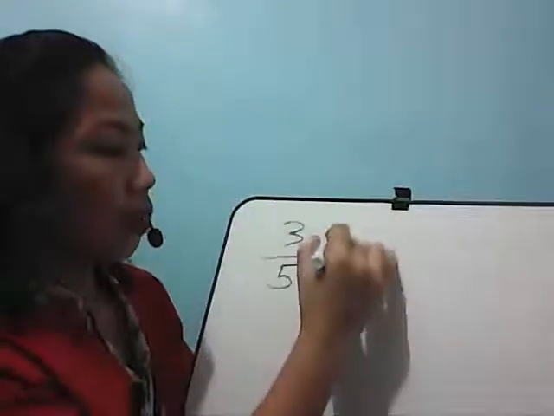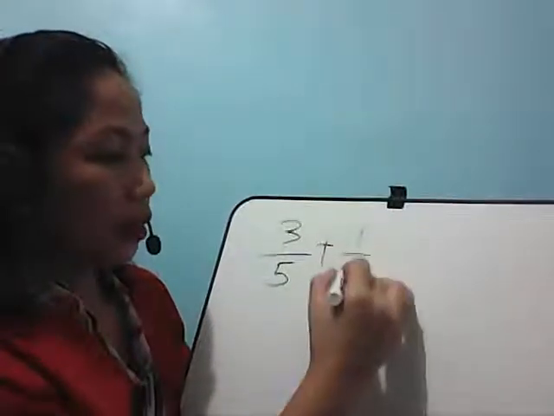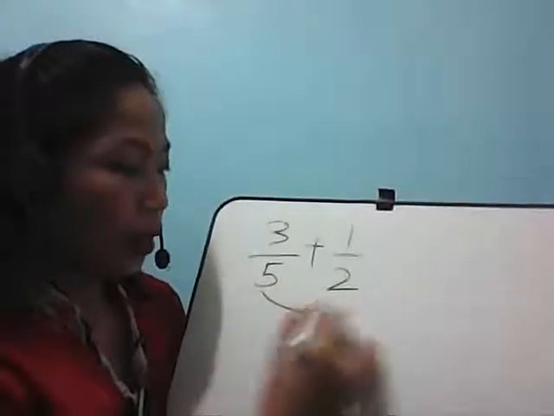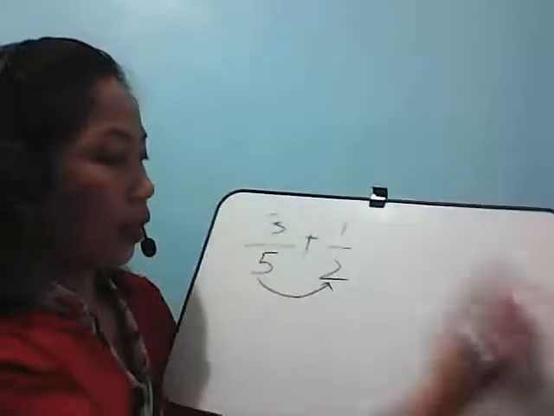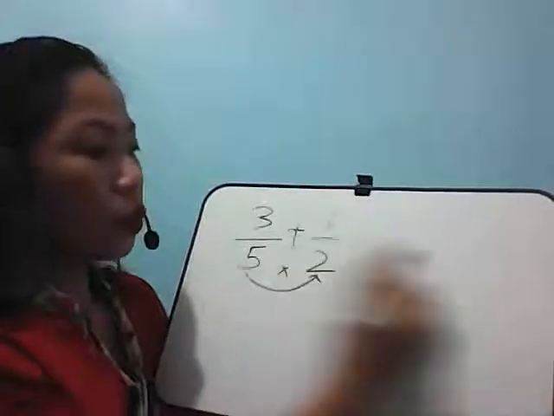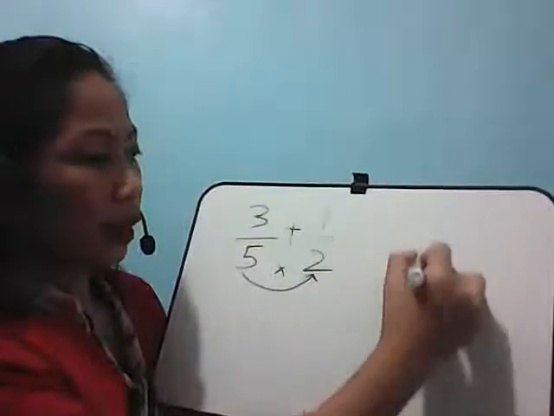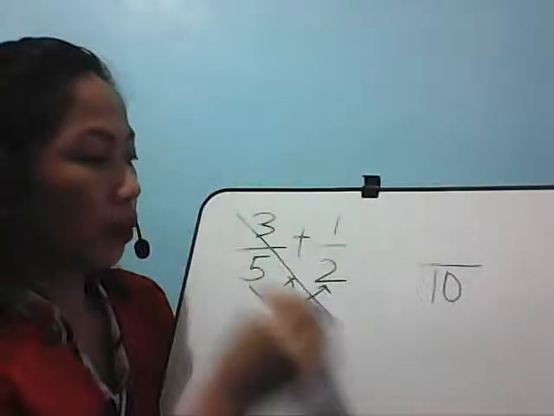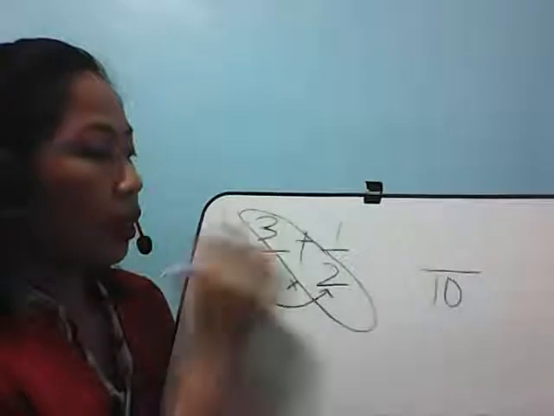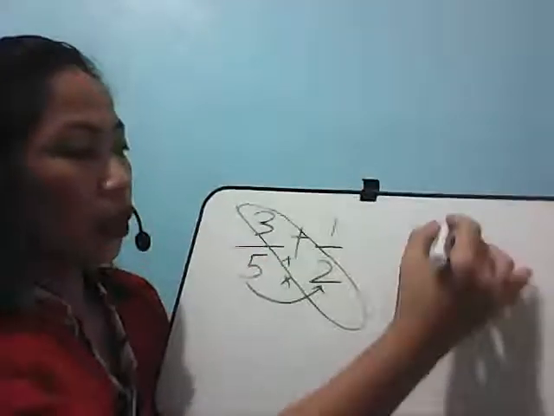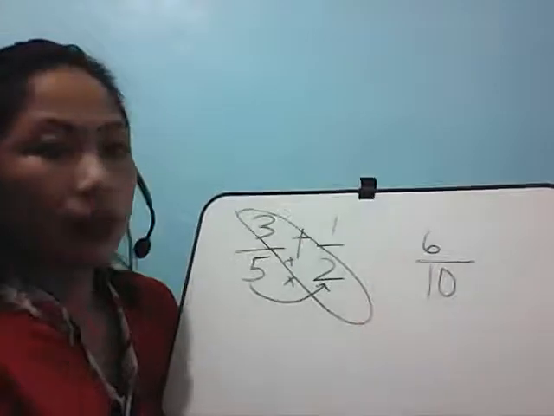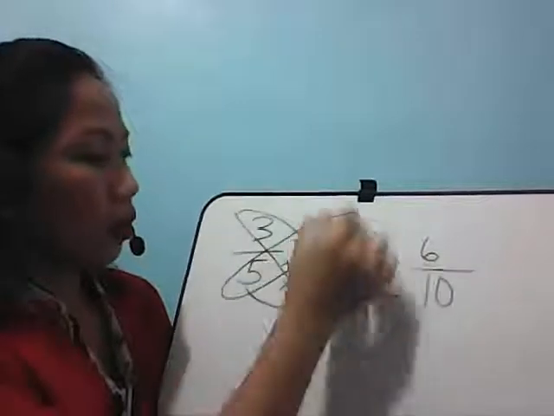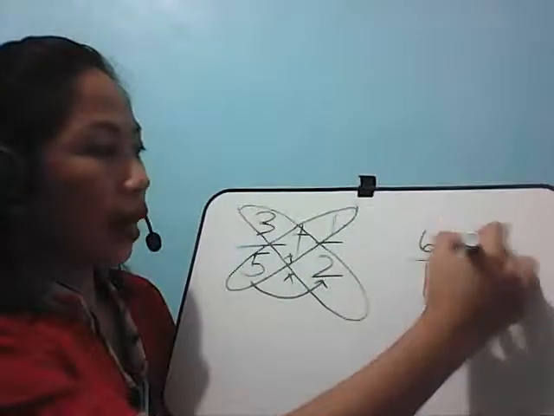3/5 plus 1/2. Again, we need to multiply the denominators. 5 times 2 is 10. Now, the second step, cross multiply: 3 times 2 is equal to 6. Next, 1 times 5, which is equal to 5.